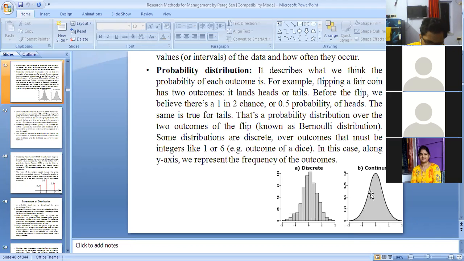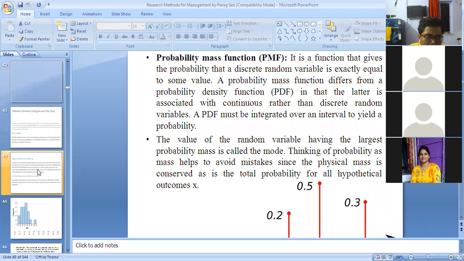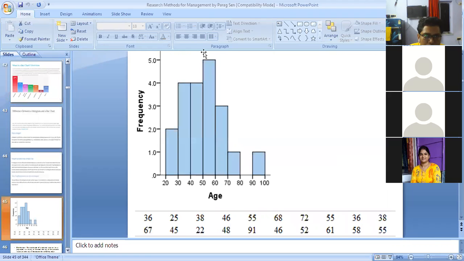So a histogram is actually some particular ranges. Suppose here you can see that this is known as a histogram.